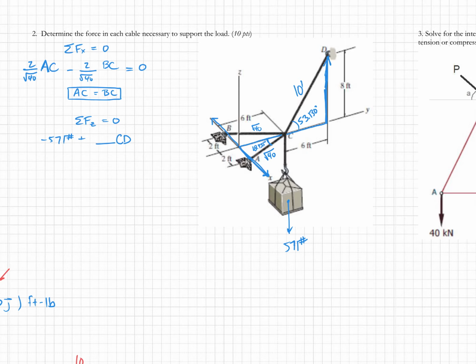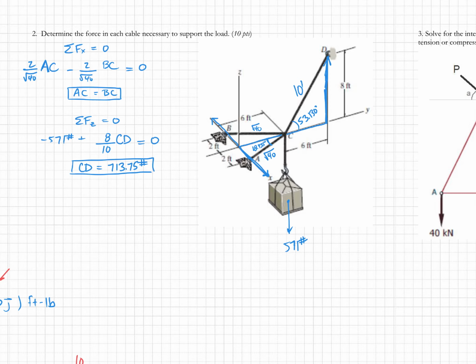It's acting along the diagonal, but I want the vertical component. And that equals 0. So for this particular solution, CD equals 713.75 pounds. Boom. Now we're getting somewhere.